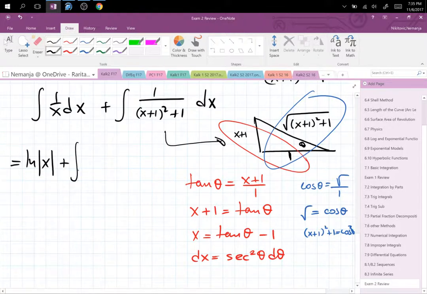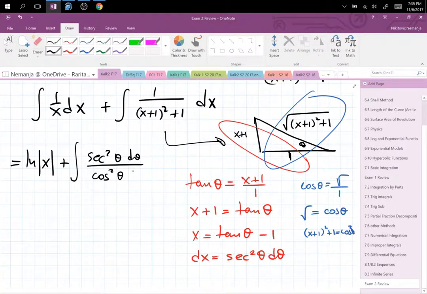Plus the integral of dx, which is secant squared theta d theta, and the denominator is cosine squared. Is this right? No, this is not right. This is 1 over the square root, and the square root is the secant, and it becomes secant squared.